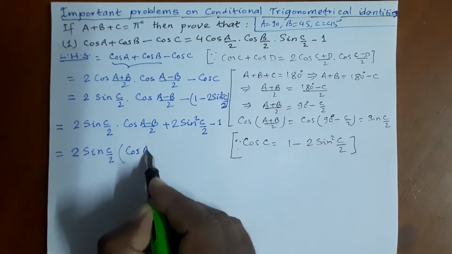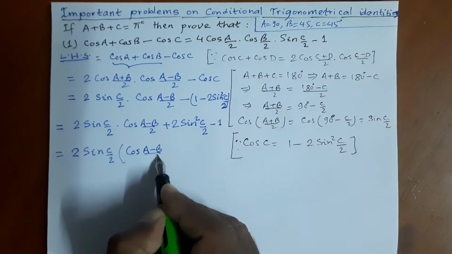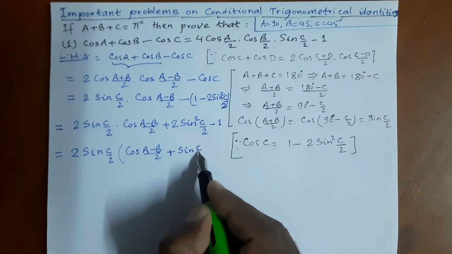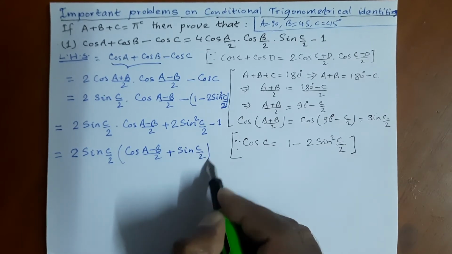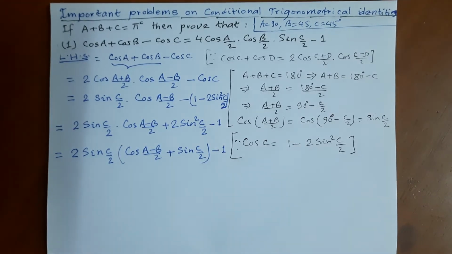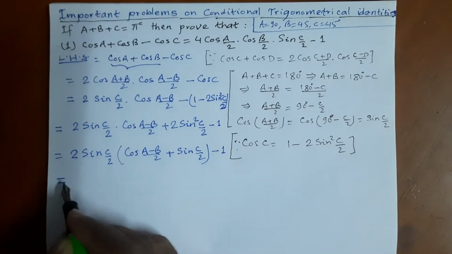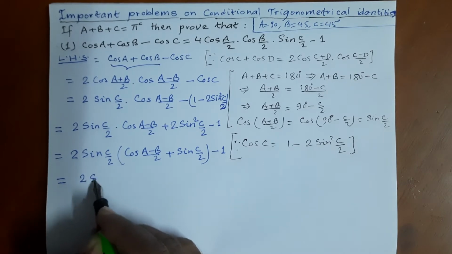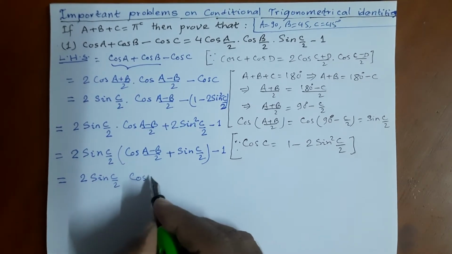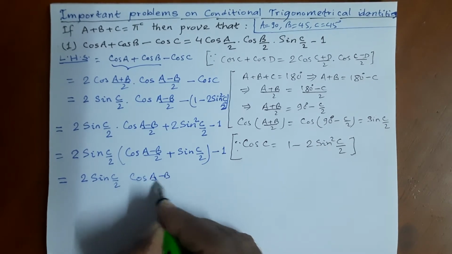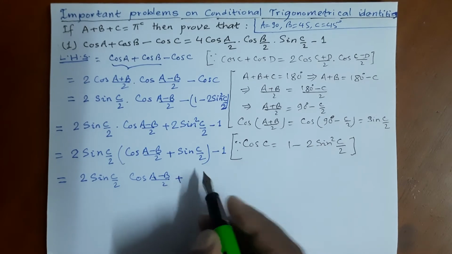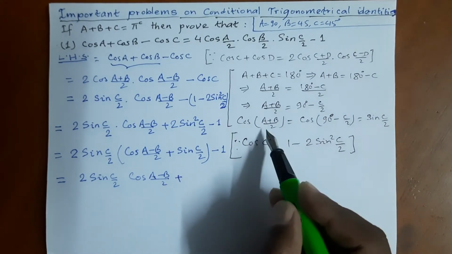Cos (a minus b)/2 plus here we have sin c/2 left, and at last we have minus 1. Now this equals 2 sin c/2 cos (a minus b)/2 plus sin c/2, you can write as cos (a plus b)/2.